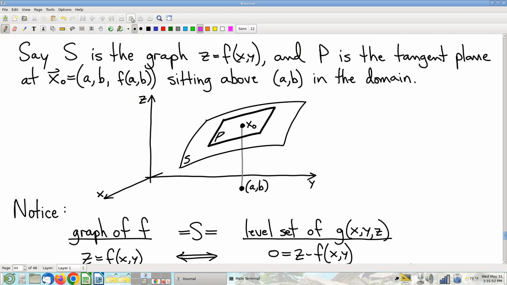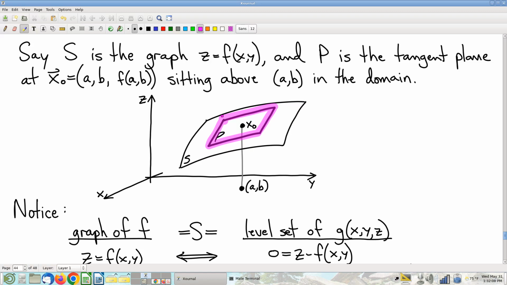This is just a revisiting of the question of how do you find the equation for a tangent plane. And recall that a tangent plane, previously, we viewed this as the graph of the linear approximation.